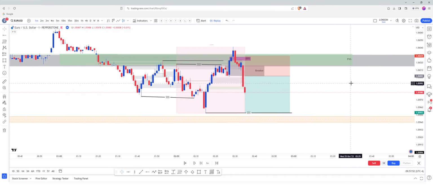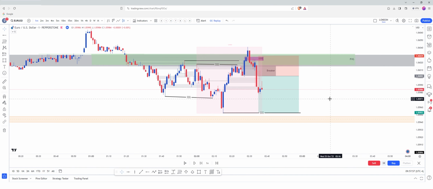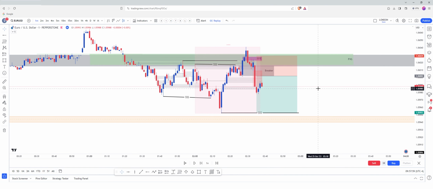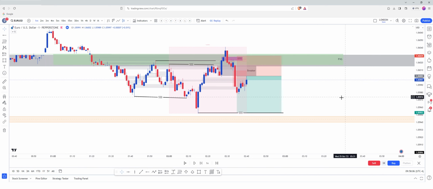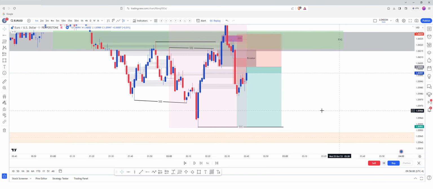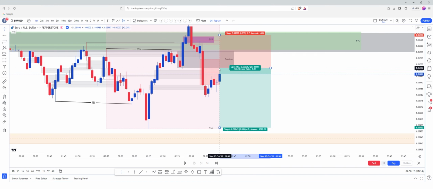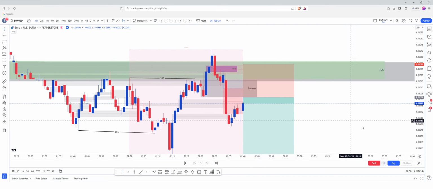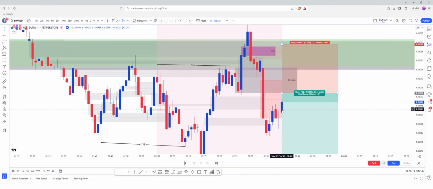And now, unfortunately, as we start scrolling through price, you will see we get a pullback into this area. Unfortunately, that candle there, which is where the entry would have been, this candle's high is at 1.06002.